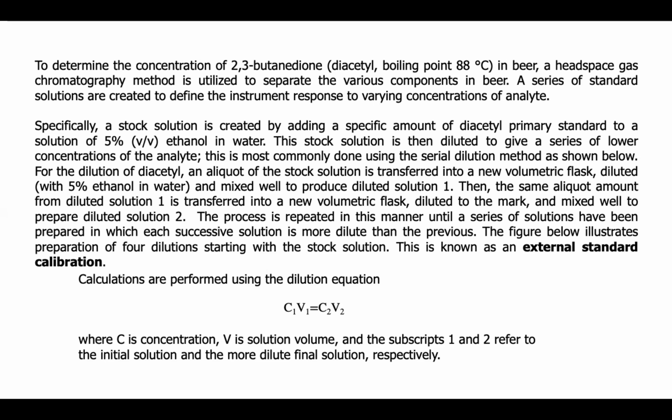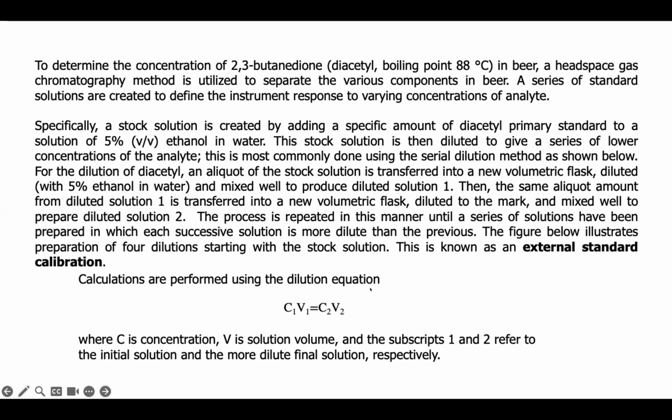A series of standard solutions are created to define the instrument response to varying concentration of analytes. So specifically, a stock solution is created by adding a specific amount of diacetyl primary standard to a solution. Okay, so this just involves calculation of molar and then dilution equations.